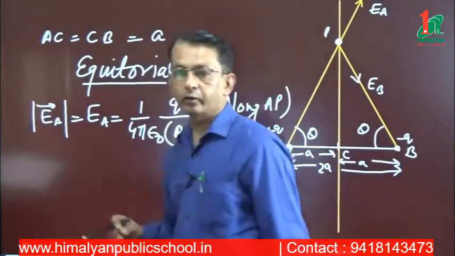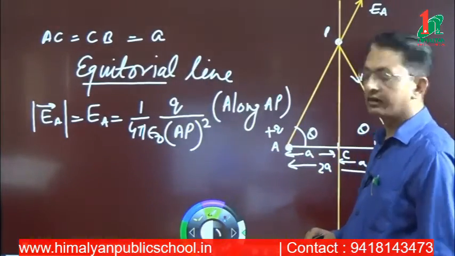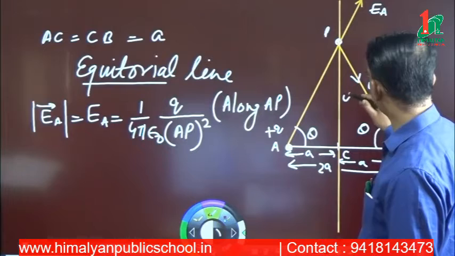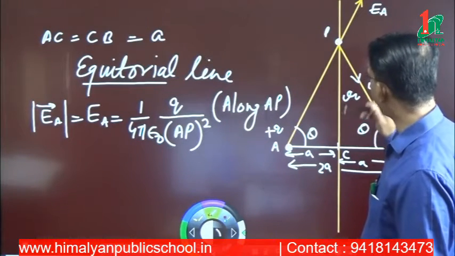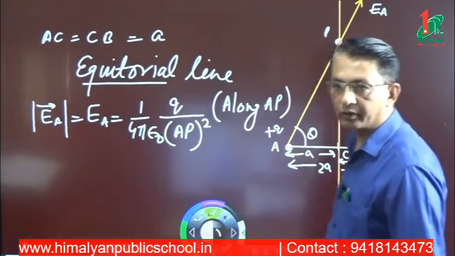Now we have to find out AP. So this is the point of observation. This is at a distance small r from the center of dipole. Write down.